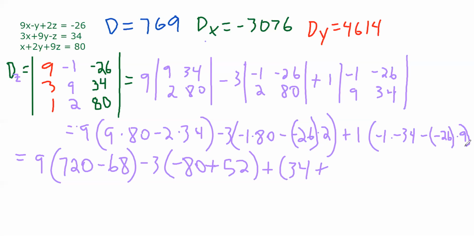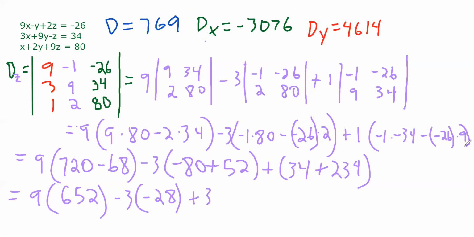Plus 34, 234. And we just work our way through it. Plus, and now, oops, 34 plus 234 should be 268.